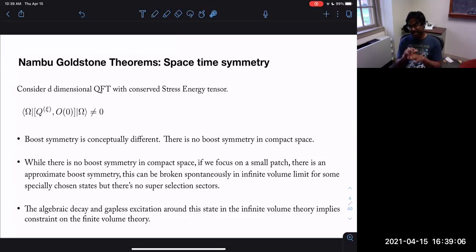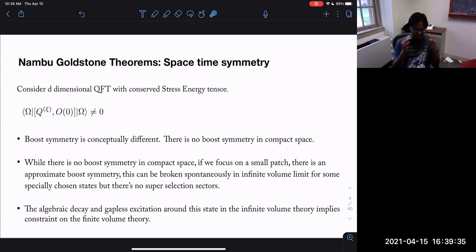But since there is no boost symmetry in the compact space, we cannot think of diagonalizing it. So there is no notion of superselection sectors, unlike the internal symmetry case. But even though there are no superselection sectors, I can still write down this kind of equation in the infinite volume limit. This immediately implies some constraint on the correlators involving the stress energy tensor and this order parameter O. So there will be gapless excitations.